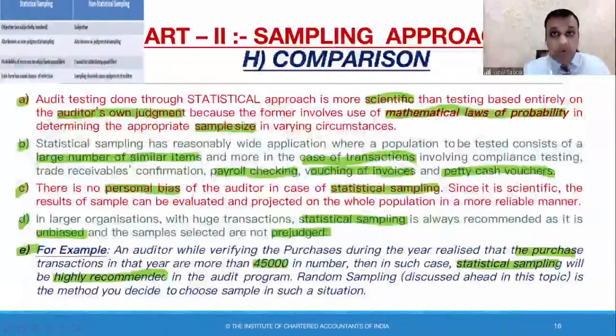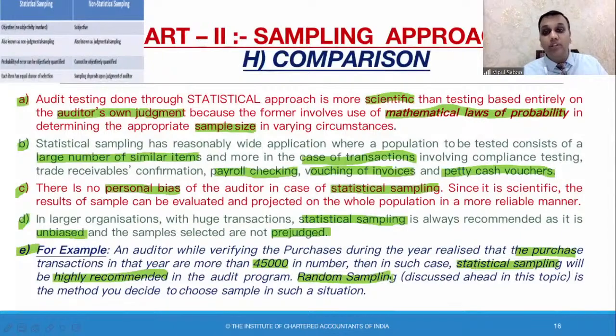These are the parameters on the basis of which you have to extract samples from those 45,000 entries, invoices, and apply your audit procedures as per the given audit program on those samples. And we will project the results to all the 45,000 entries on the basis of the results obtained from the sample. So in this case, we'll be using random sampling. We'll cover random sampling in our next session. We'll be choosing random sampling in this case.